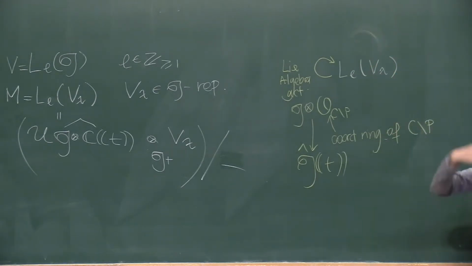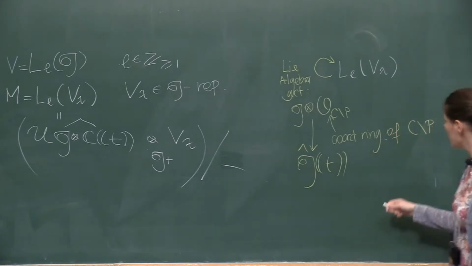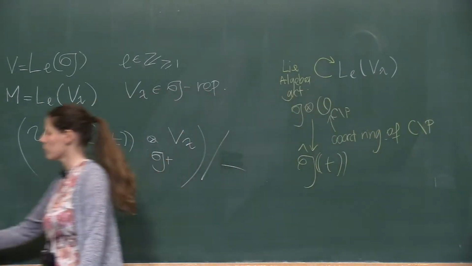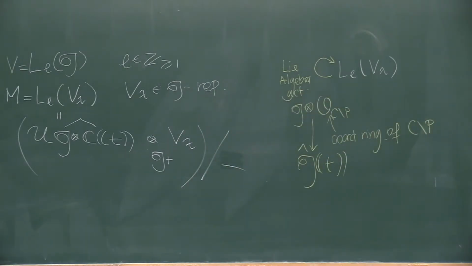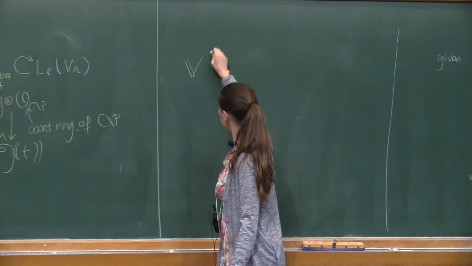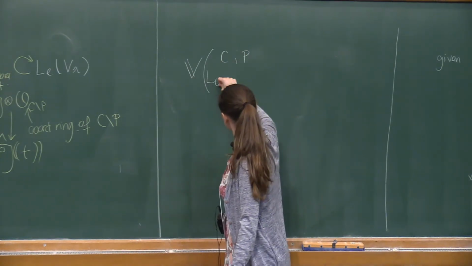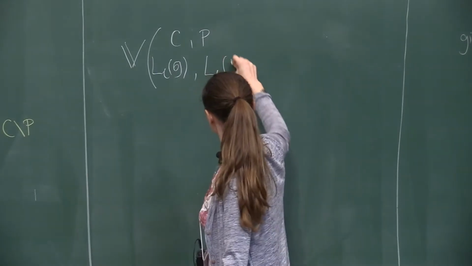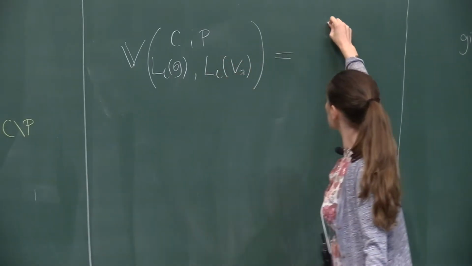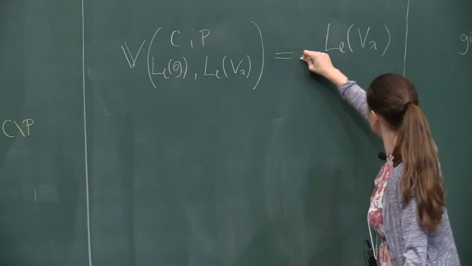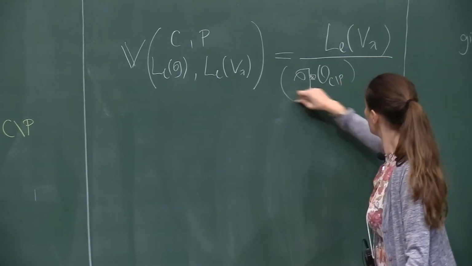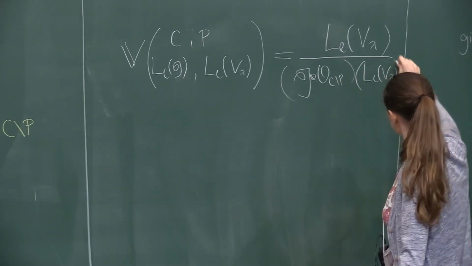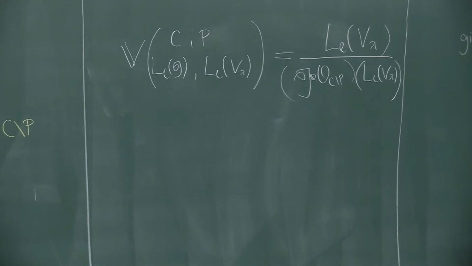And so the way in which the classical space of coinvariants is defined is just given by the quotient, the space of coinvariants. And so this is the definition that Tsuchiya, Ueno, Yamada gave.